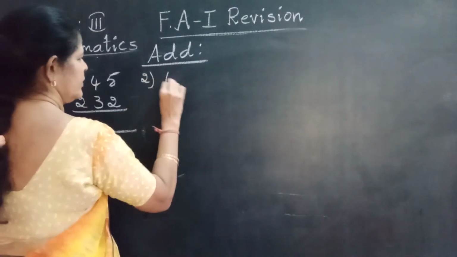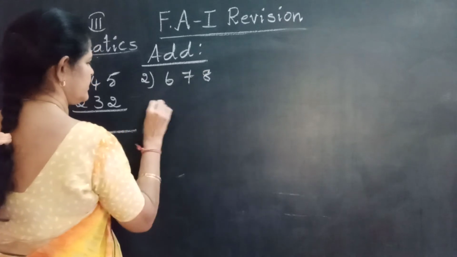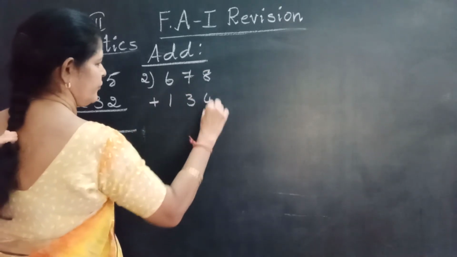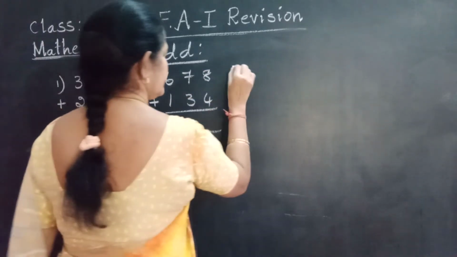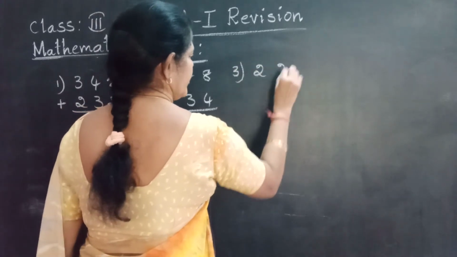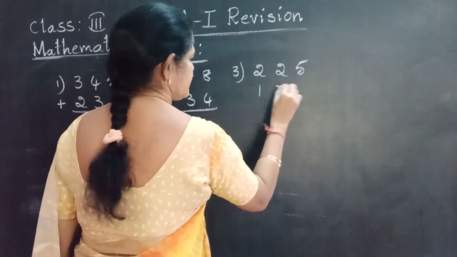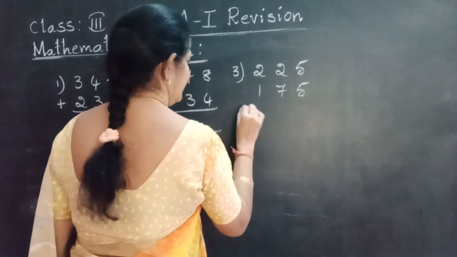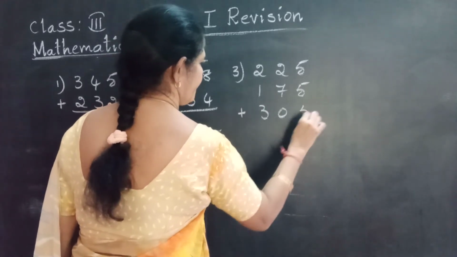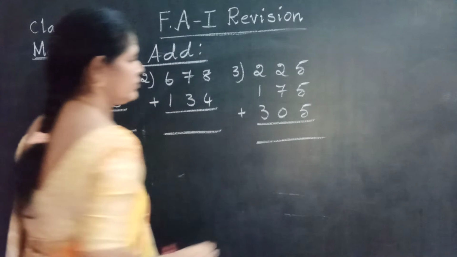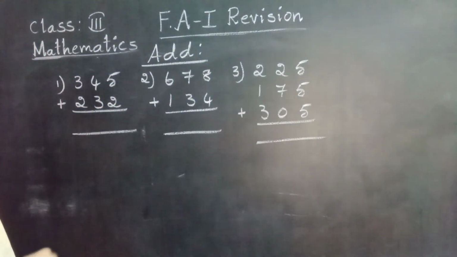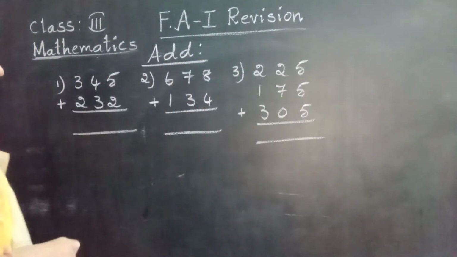Second one, 678 plus 134. Third one, 225 plus 175 plus 305. Note down 3-digit numbers, 2 lines and 3 lines.